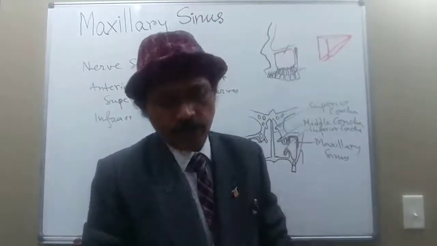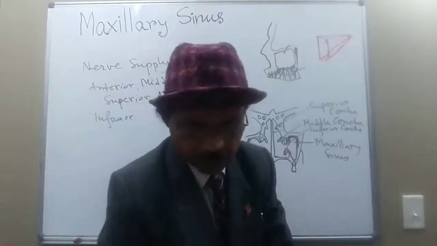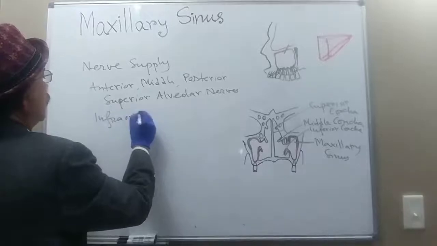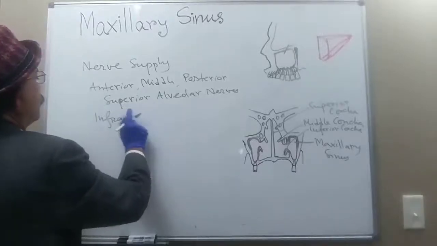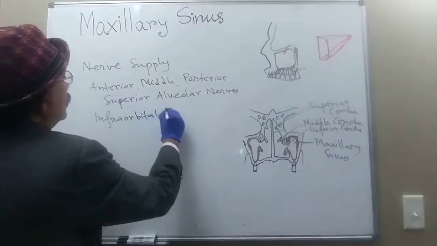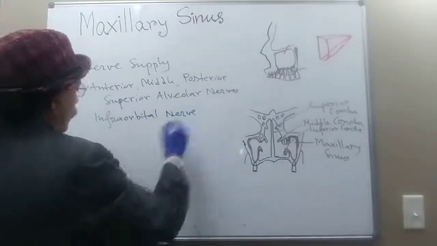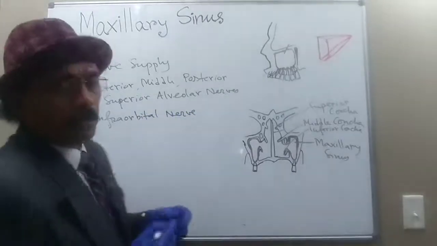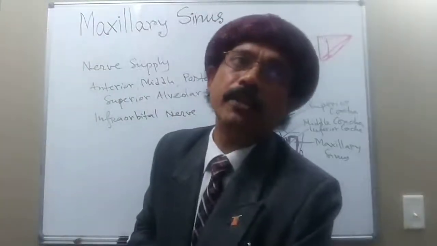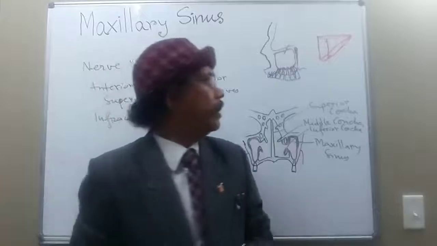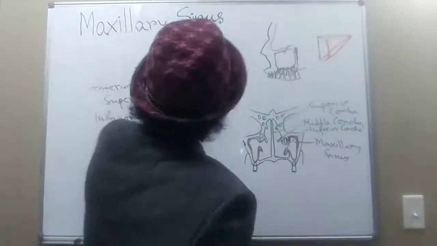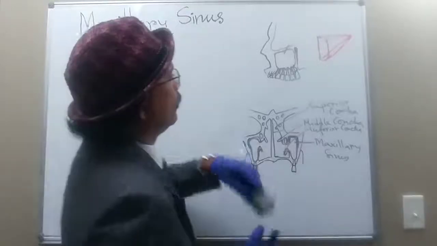Okay, so we got the infraorbital nerve. So we got the nerve supply. Okay, lymphatic drainage, arterial supply. Okay, again we are looking at the image here.